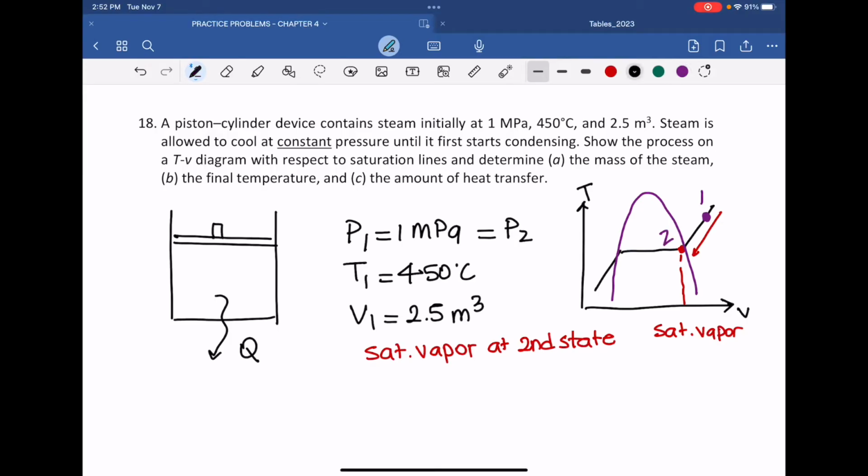So now we get the whole picture, and now they're asking mass of the steam. Immediately I realized they gave me volume. If I know the specific volume, I am able to calculate it. So that means I need to figure out the specific volume, which I can, because they give me pressure and temperature. I can look at the tables.